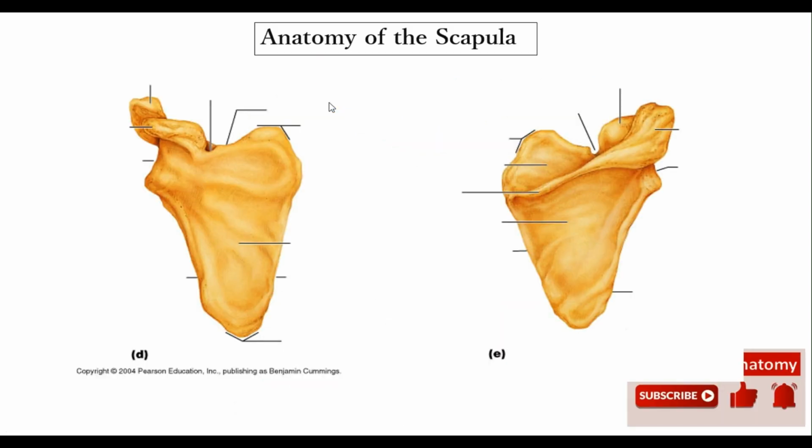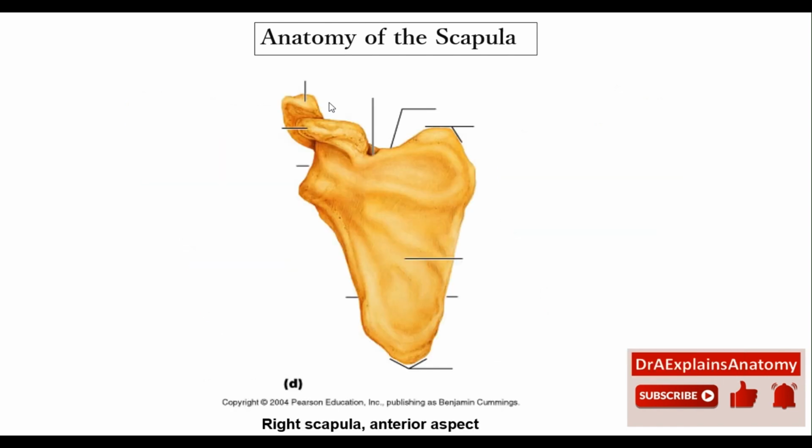Moving to the scapula, we will go over the two figures, starting with the first one right here. This is the anterior aspect of the scapula. This structure right here is the acromion, whereas this structure right here is the coracoid process.